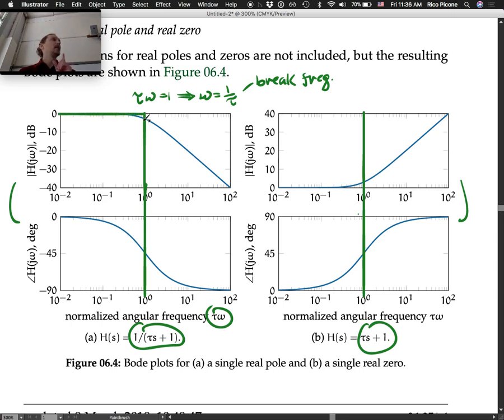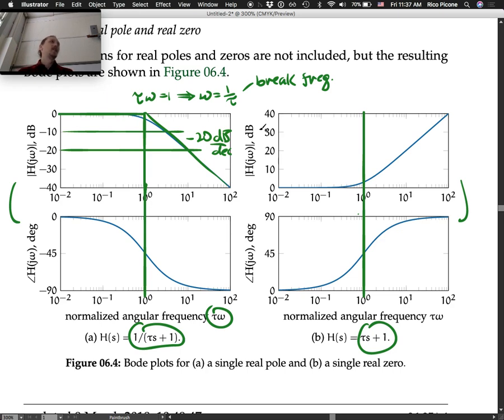At the break frequency for a real pole, it then breaks off and approximates this other linear function, a line that has a slope of approximately, at least later on, it approaches negative 20 dB per decade.